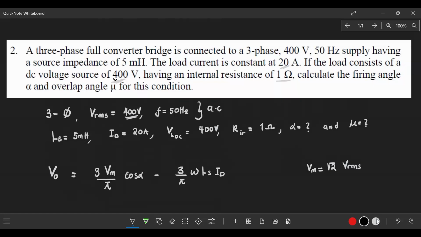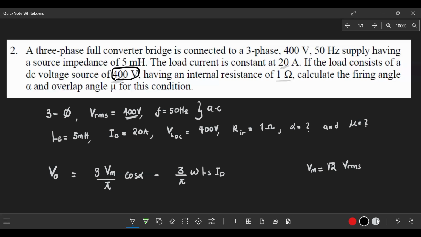You can consider this 400 volts more like a battery being charged, because this is a load, so it's part of the output voltage. You also have to account for the voltage drop across the 1 ohm resistor.